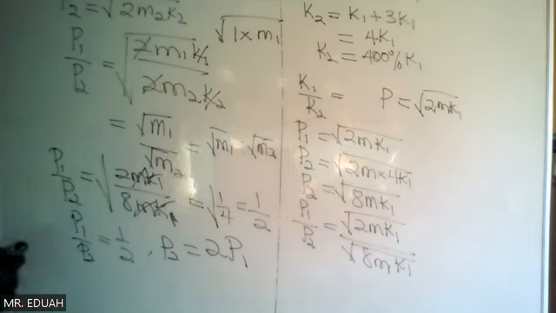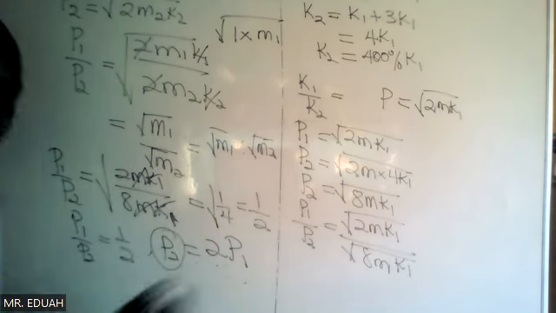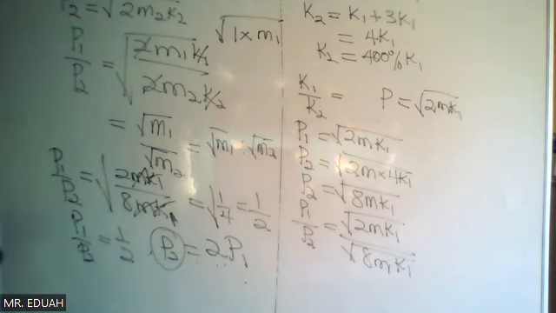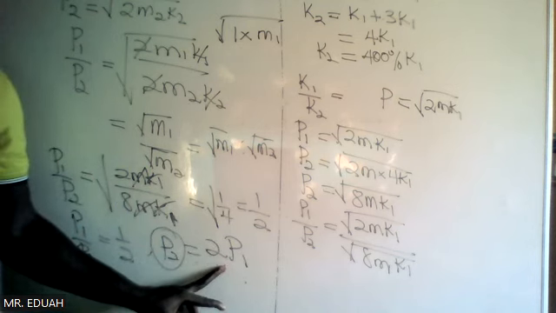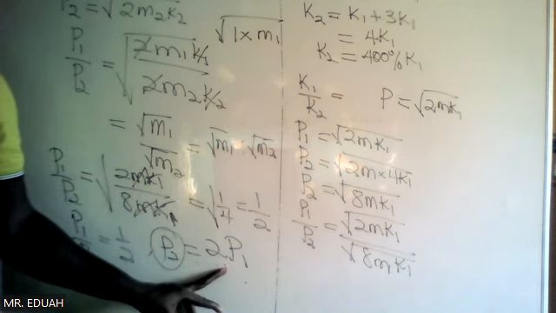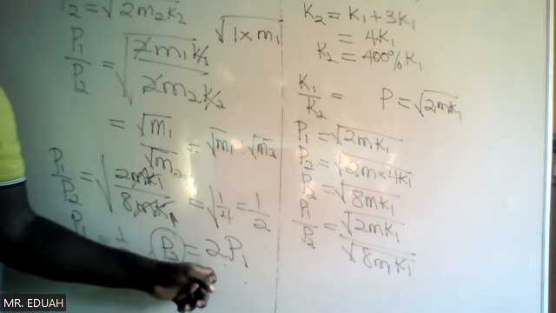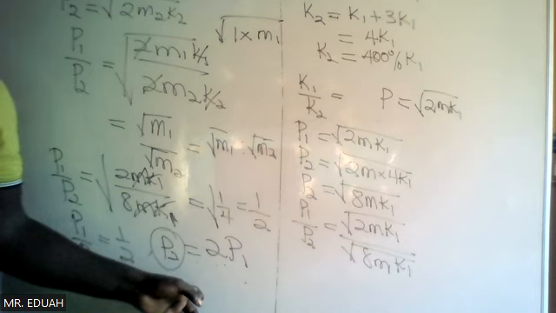So over here, we have P2 equal to 2 times P1, and I want you to express 2 as a percentage. What would that be? Express the number 2 as a percentage. 1 is 100%.